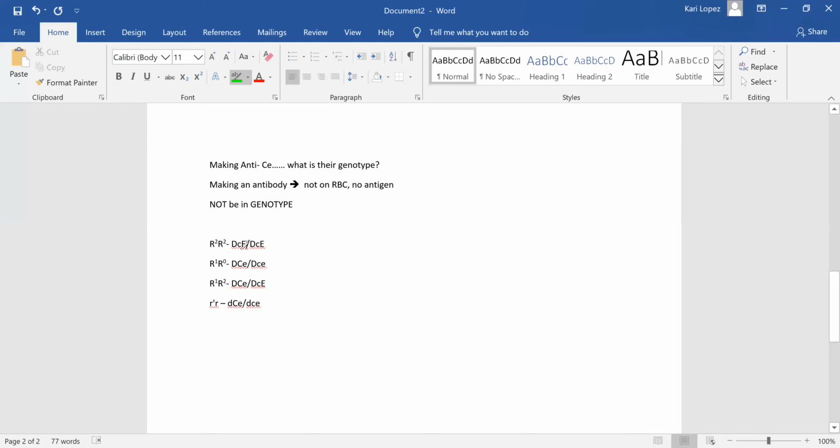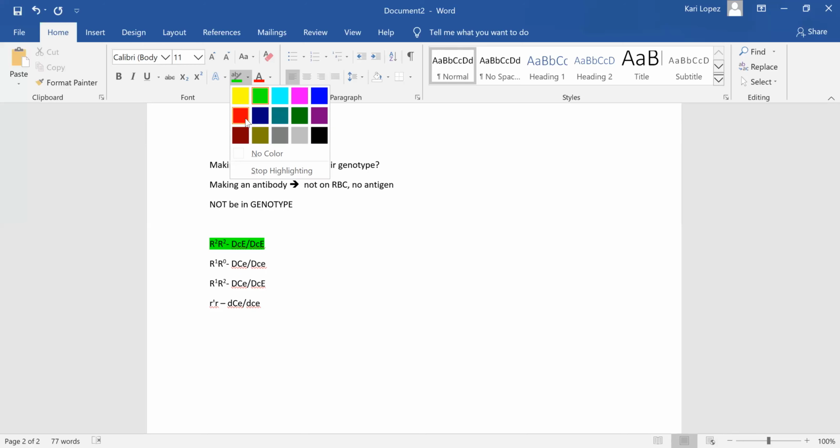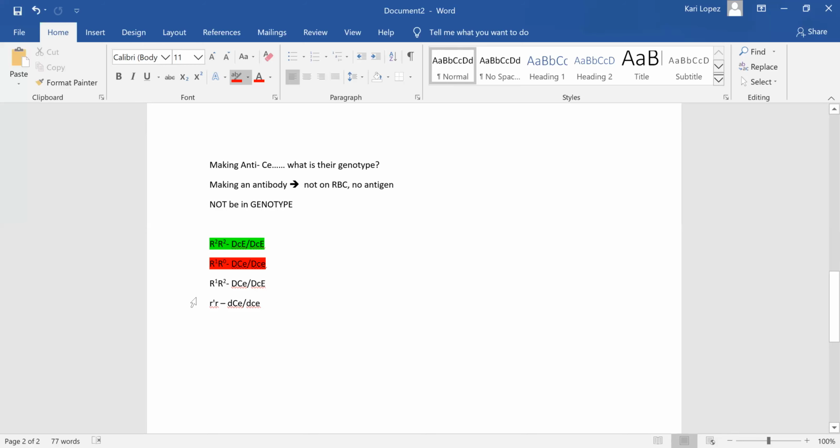No. Does it have a little e on either side? No. Okay, so that one looks good so far. Now R1, R0, does it have a big C? Yes. Does it have a little e? Yes, on both sides. Okay, so that one doesn't work.